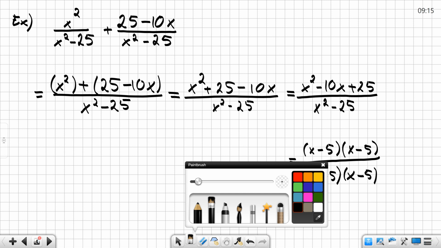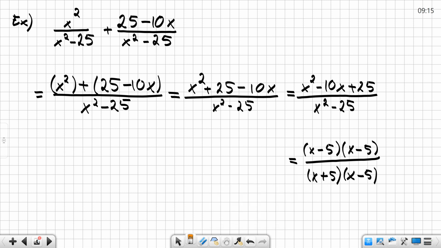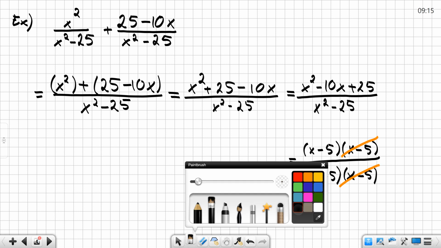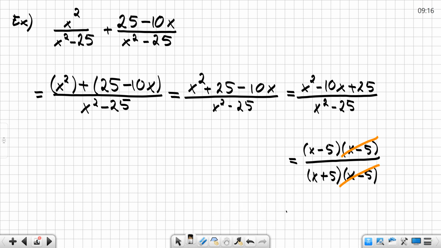And what I see now when it's in its factored form, that x minus 5 is a common factor in the top and the bottom, and they cancel out. What is left is (x minus 5) divided by (x plus 5). Now don't cancel anything right here anymore. These are not factors now. These are two terms on the top and two terms on the bottom.